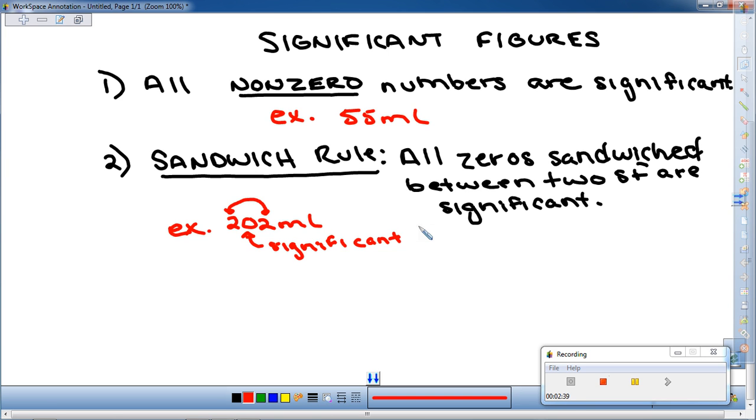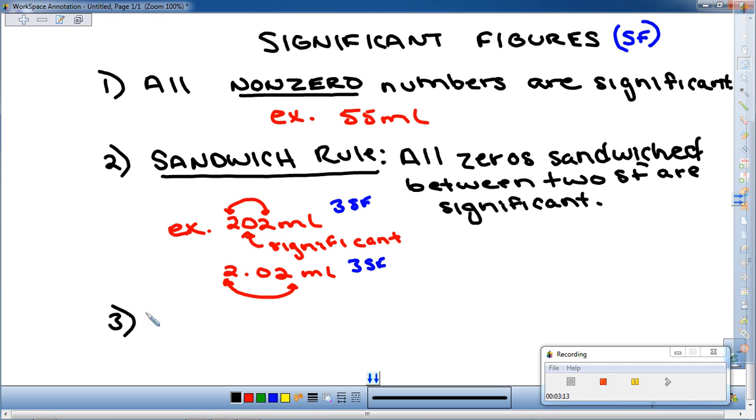This can also occur over a decimal. So if you have, let's say, 2.02 milliliters, that sandwich can bridge the gap of that decimal, and again, all the numbers are significant. So in each case, there are 3 sig figs here, 3 sig figs here. Significant figures are called sig figs for short, or I shorten them to SF.